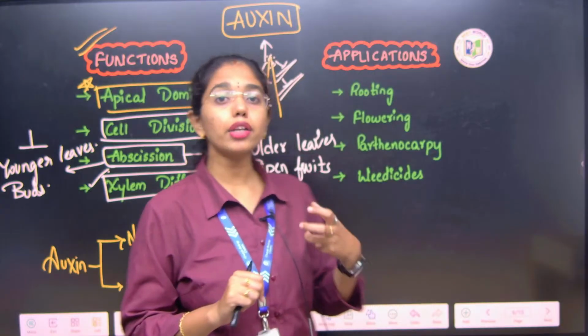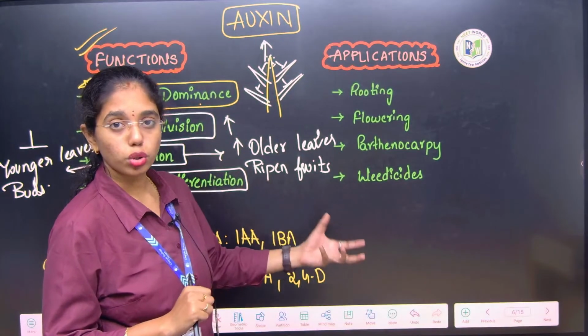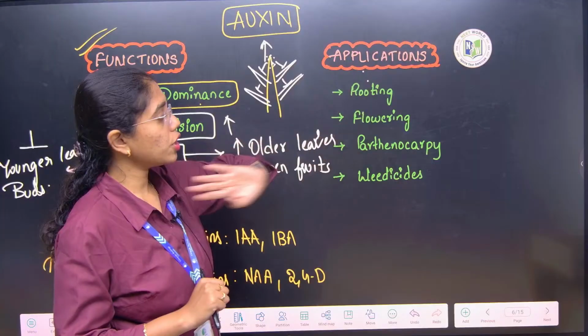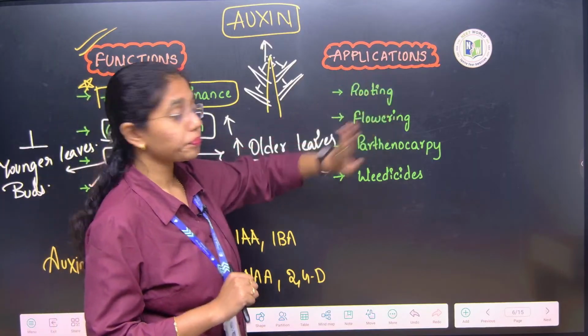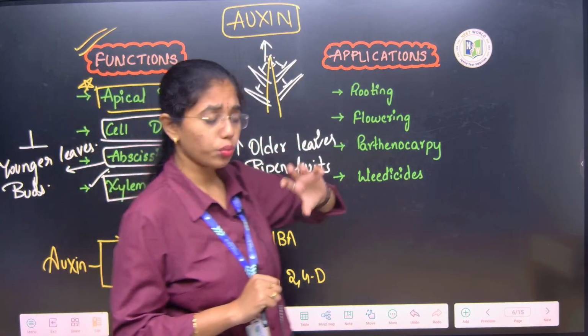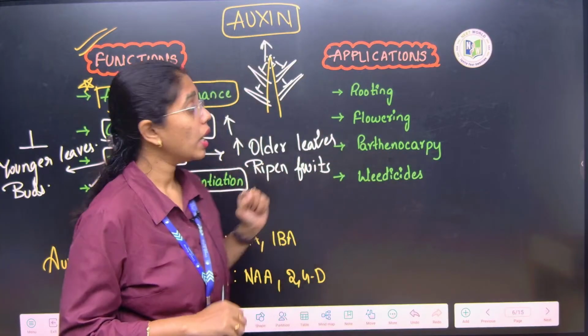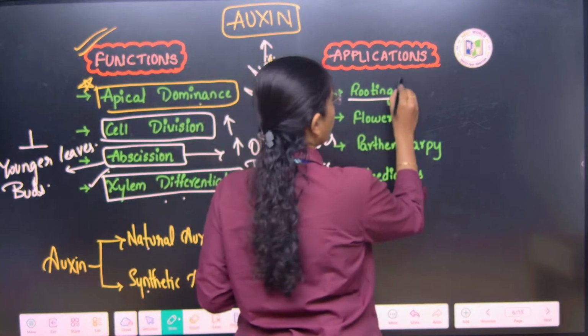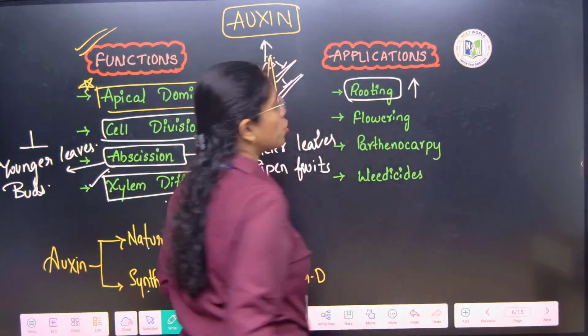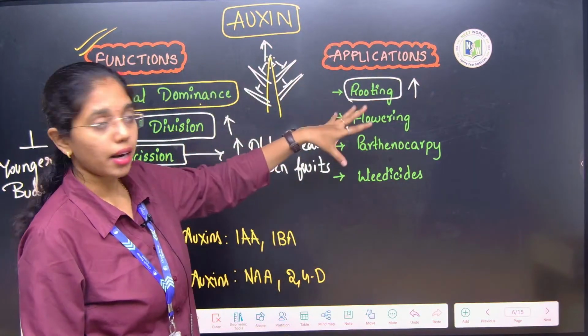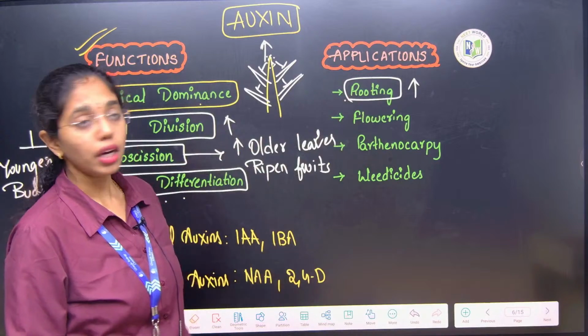How are we going to apply these auxins for the growth of plants? Applications of auxins. First is rooting. Auxin is said to be a rooting hormone, because auxin promotes rooting. In tissue culture labs and all, auxins are used to promote rooting.